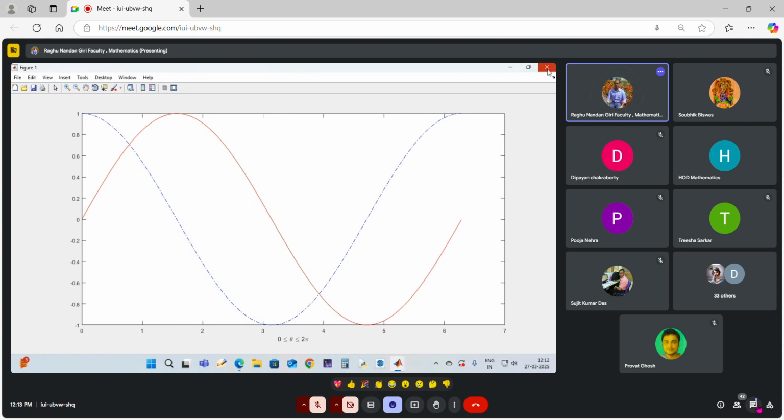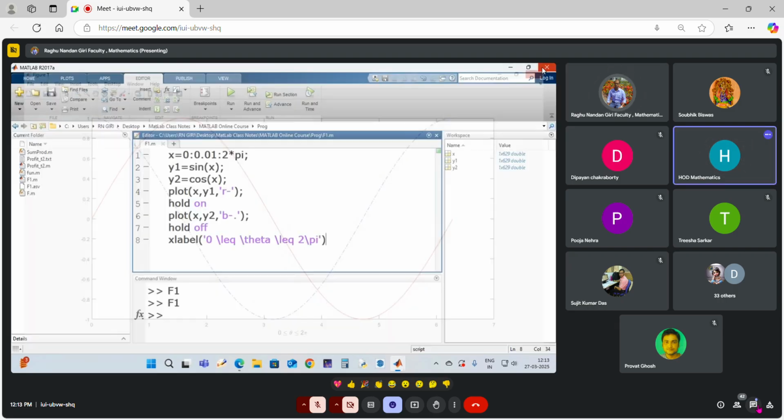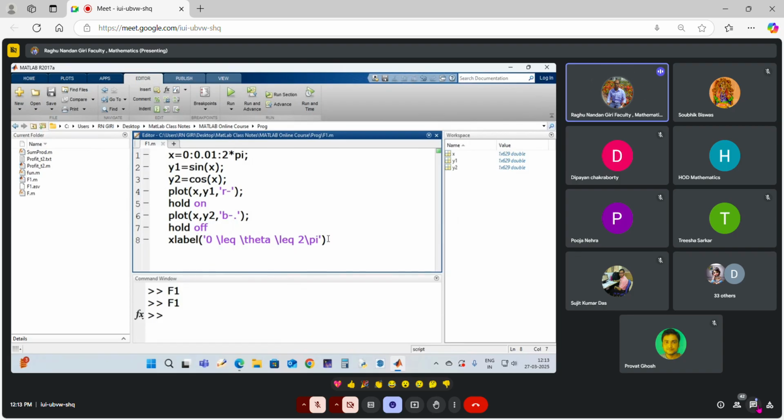Then we want to mention which graph is which: the blue color graph is for the cos function and the red color graph for the sin function. This can be easily understood by putting the command legend.